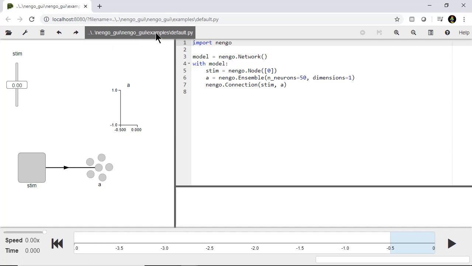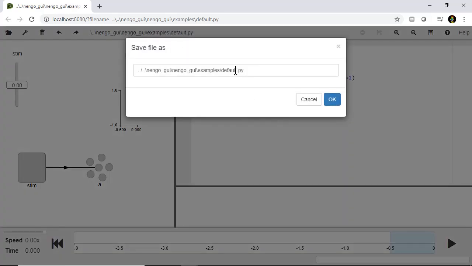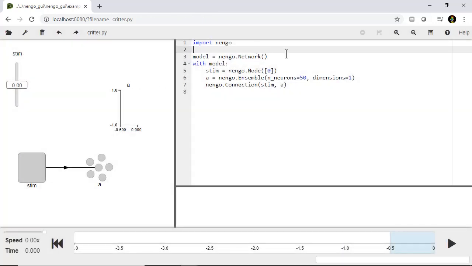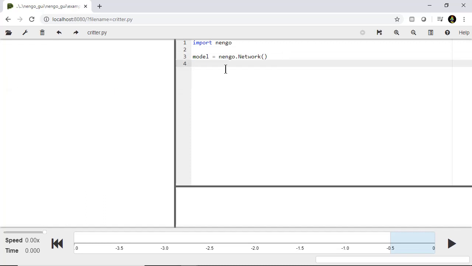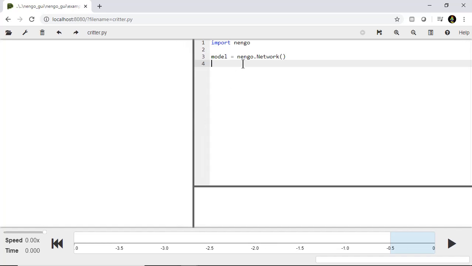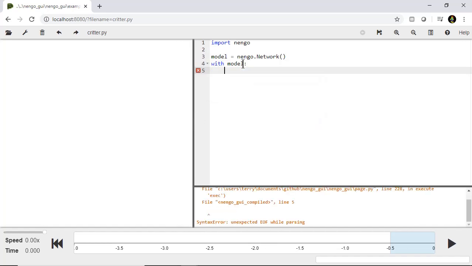All right, well, let's go back to Nengo. Let's give it a new file name. We'll call it critter. And we're just going to start with a completely empty model. And what exactly are we going to do? I like starting with the simple things that we know about. Started with simple sensory data first because at least we know what this is.